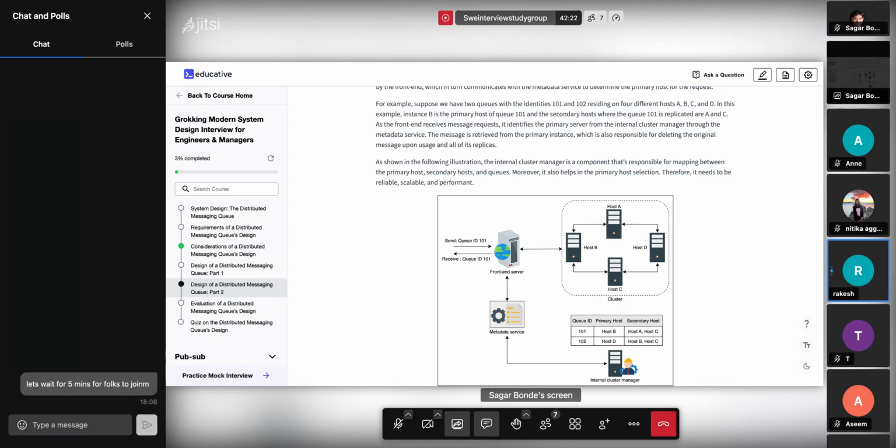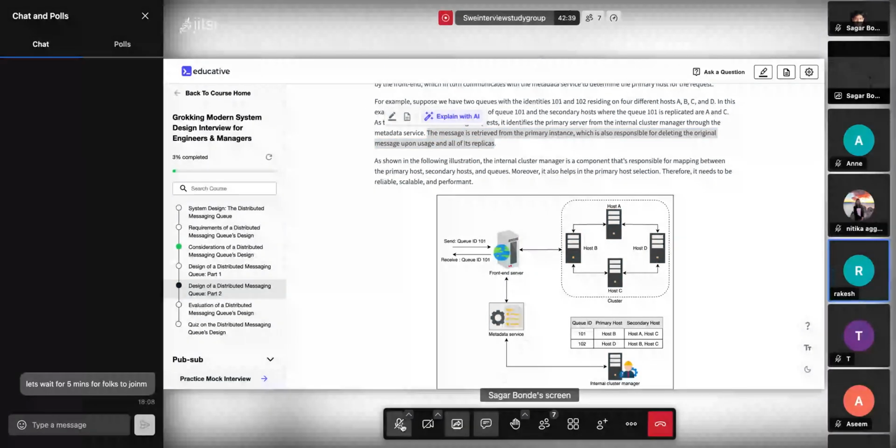The message is retrieved from the primary instance, which is also responsible for deleting the original message upon usage and from all the replicas. What is the last part? I did not understand. So when the message is consumed, we need to delete it, right?